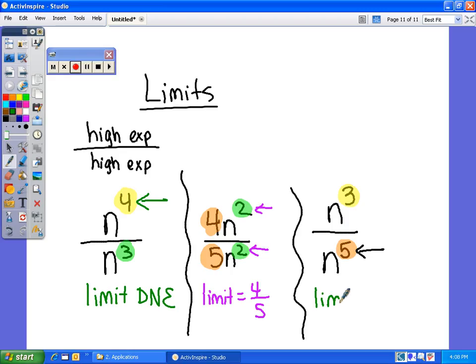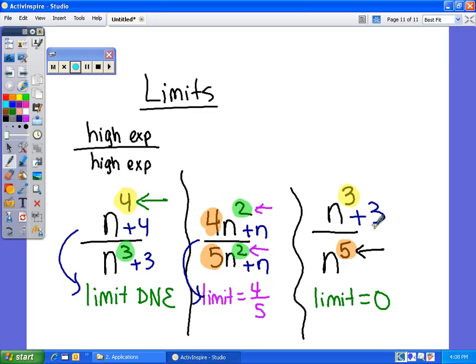So that's why this limit equals 0. So it's only looking at the highest exponent. So if I were to add things to this, it doesn't change my answer. It's still going to be this. If I were to add things here, it doesn't change anything. If I were to add things here, it doesn't change anything.